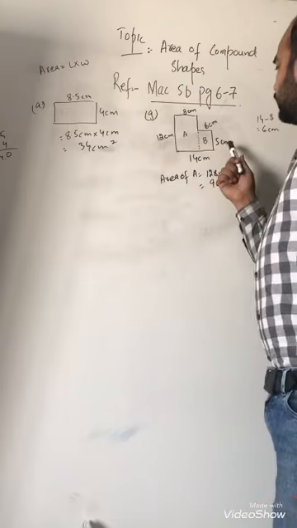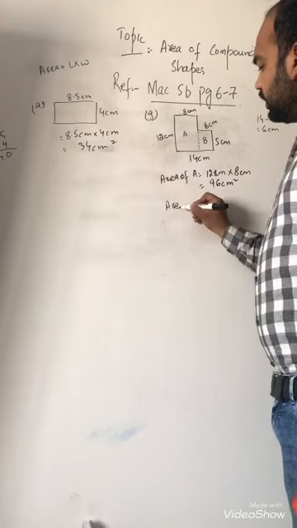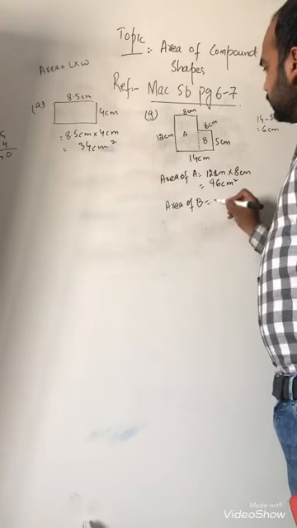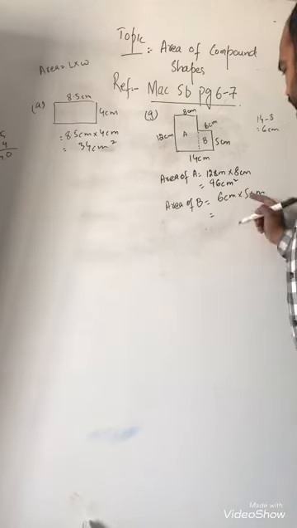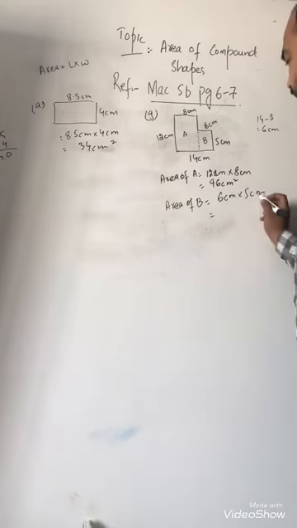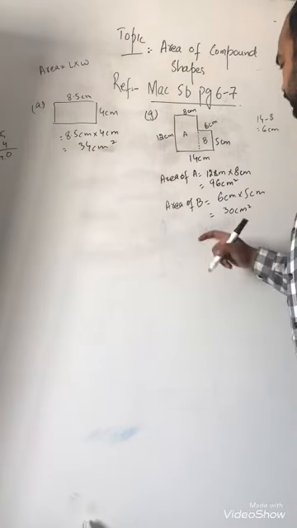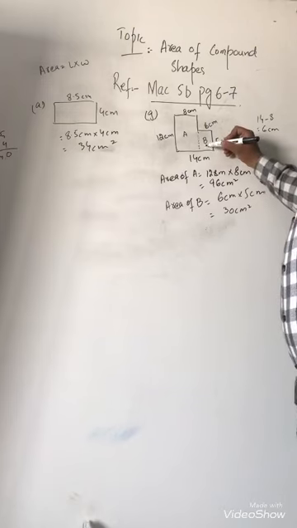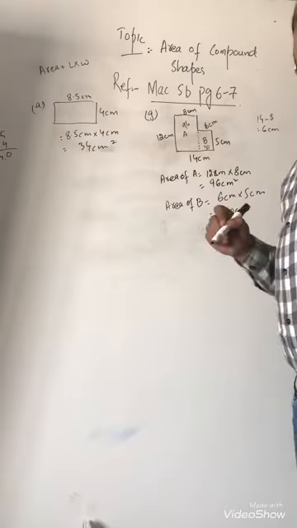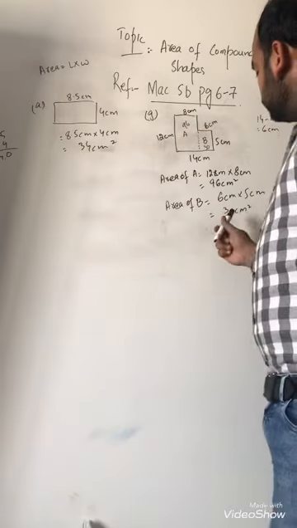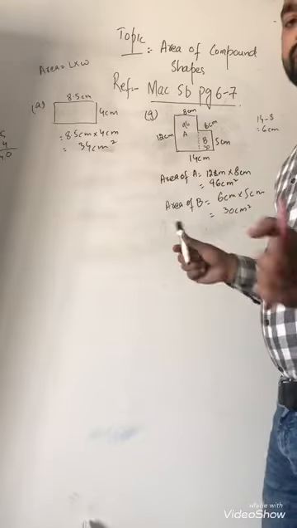Now I have got the length 5 and the width 6. So the area of B is 6 centimeter by 5 centimeter. I'll multiply both of them: 6 into 5, 30 centimeter square. Now I have got the area 30 and this area is 96. Now I'll sum up, I'll do the total of these two areas, right?